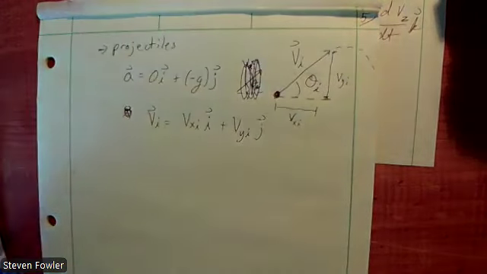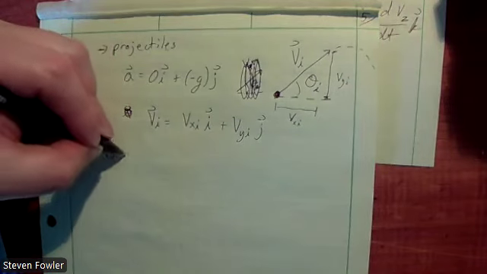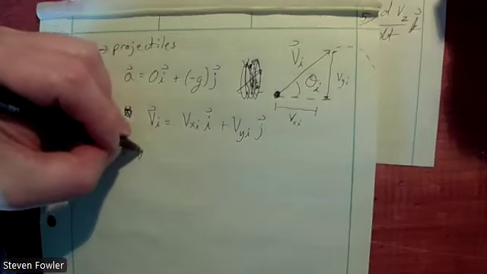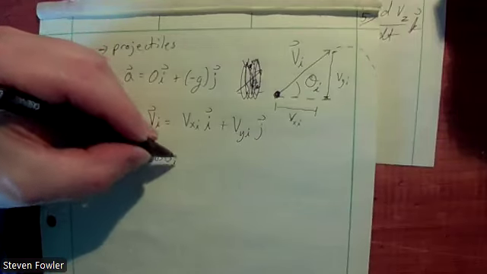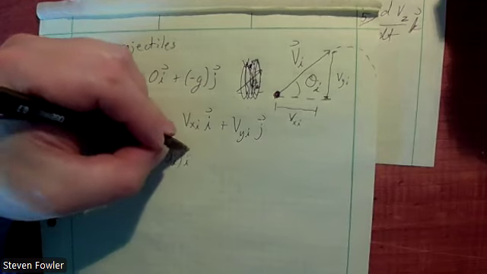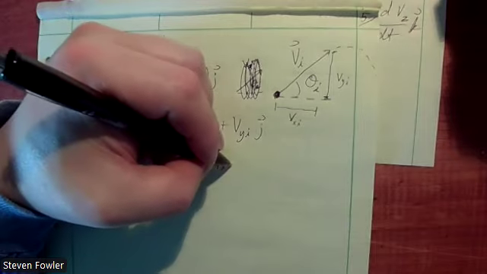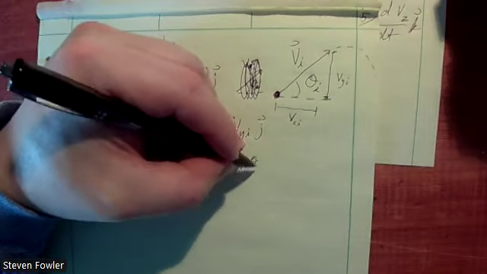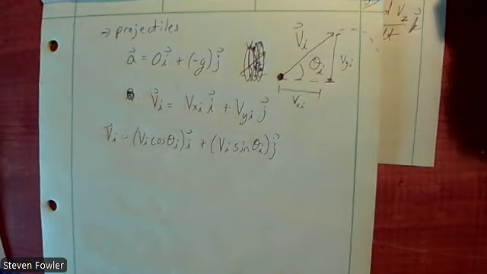Right? So just doing some trig there, you find that initial velocity just ends up being Vi cosine theta I in the i direction plus Vi sine theta I in the j direction. And so those are your initial components of the velocity.